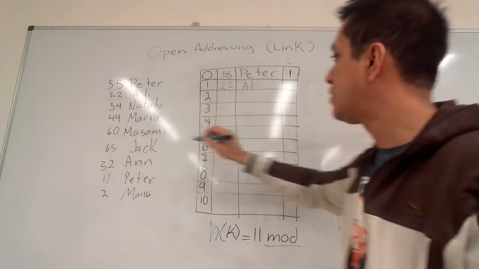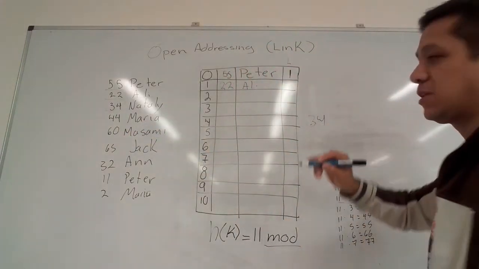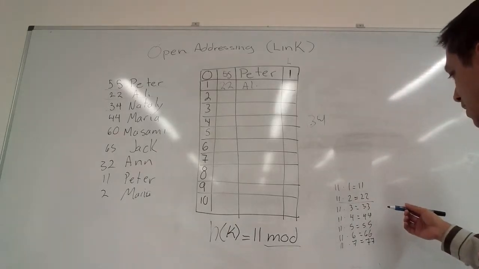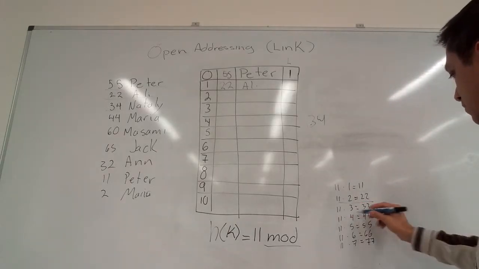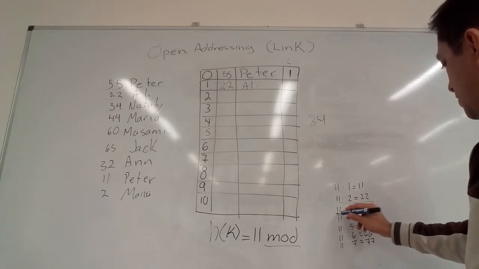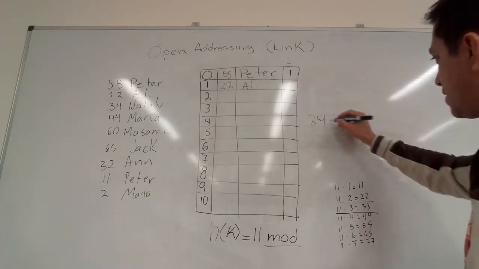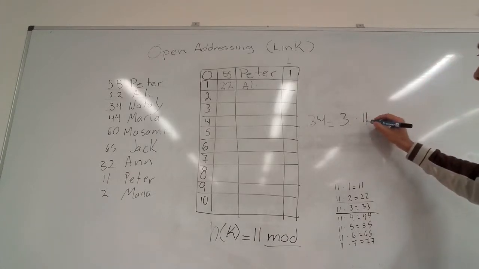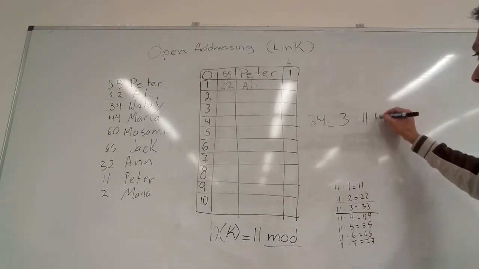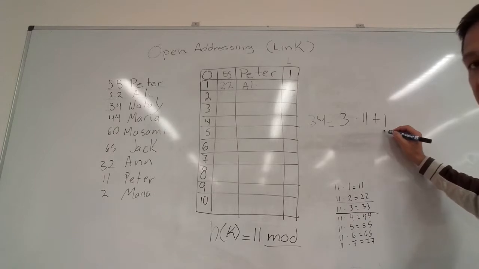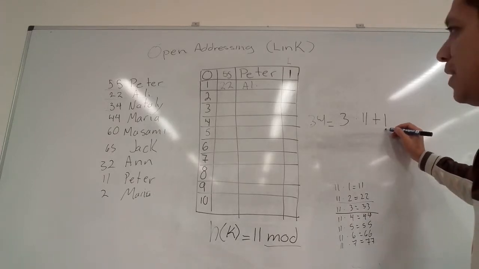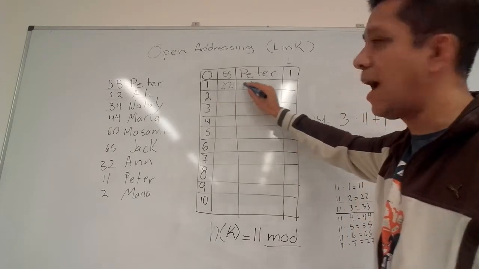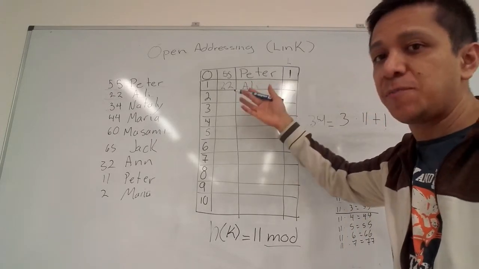Let's continue with Natalie, who is 34 years old. 11 multiplied by 3 is 33, plus 1, which is the mod. So Natalie should be in Ali's place, but it's occupied.